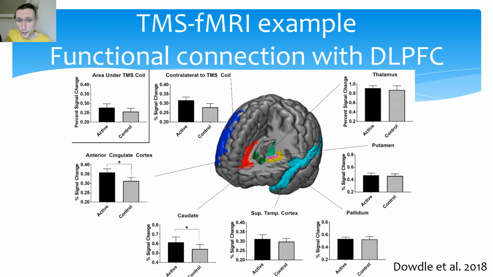Basically what they did here is ask, if you stimulate the DLPFC, what network are you targeting? In their case, they found that you target a network of DLPFC, anterior cingulate cortex, and caudate nucleus. So that tells you a little bit about the causal interactions of the brain, how the areas are functionally coupled in the brain.